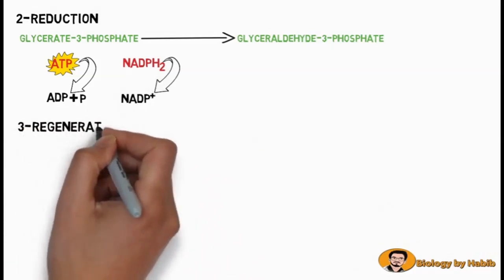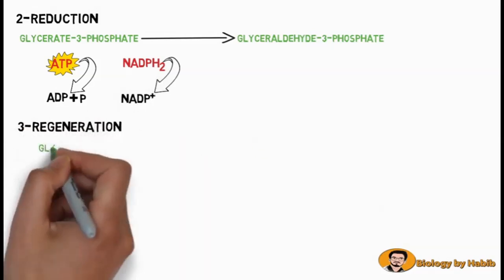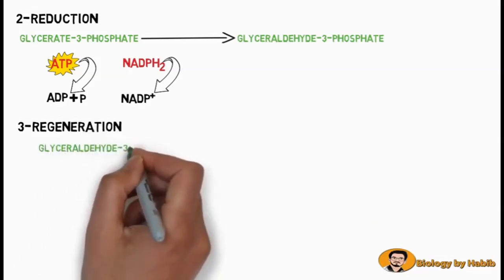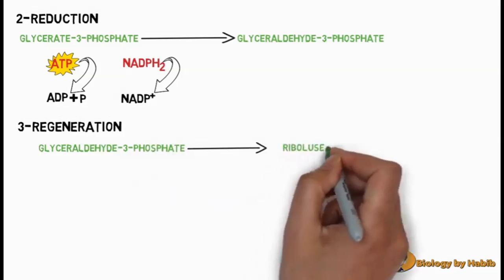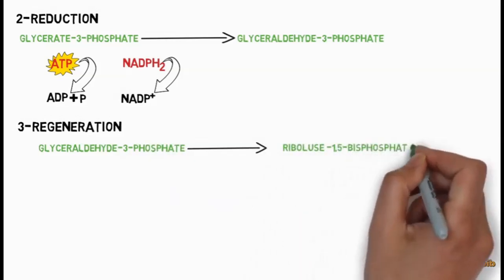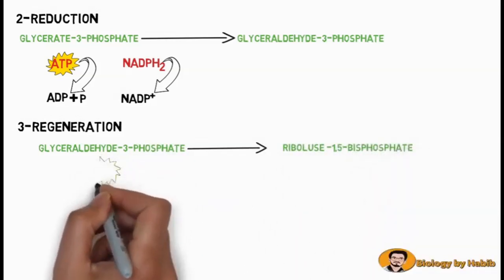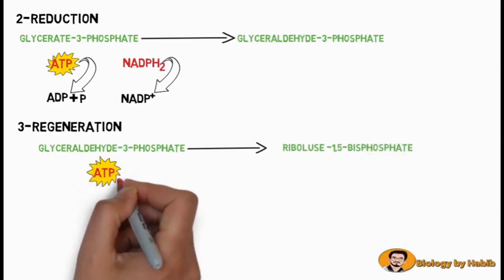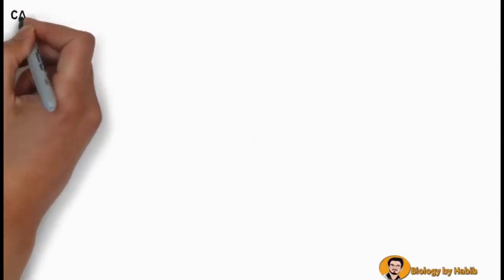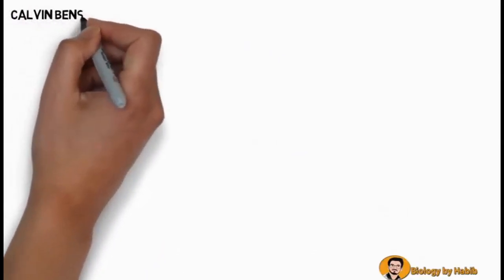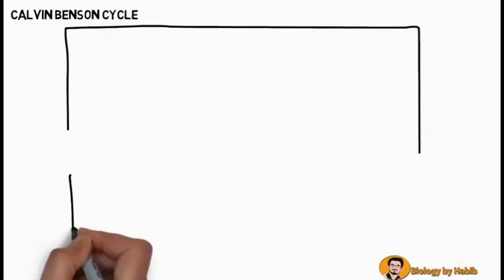The third step is regeneration. In regeneration, the first molecule RuBP will be regenerated from glyceraldehyde 3-phosphate by the consumption of ATP, as a cyclic reaction is the reaction in which the initial reactant is regained.